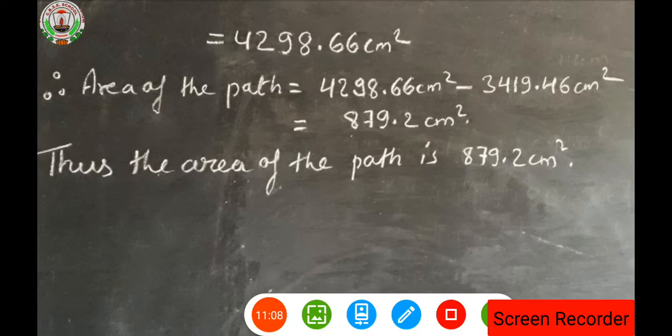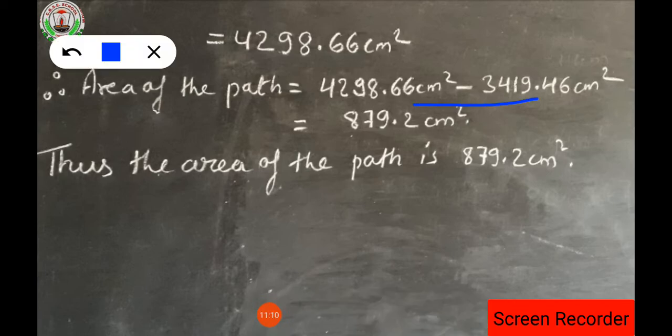Okay, so in order to find the area of the path, we are going to subtract. The area including the white path, 4298.66 meter square, will be subtracted by the area of the flower bed, which is 3419.46 meter square.